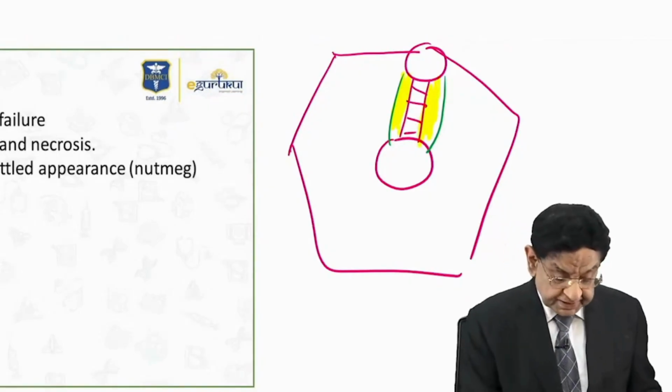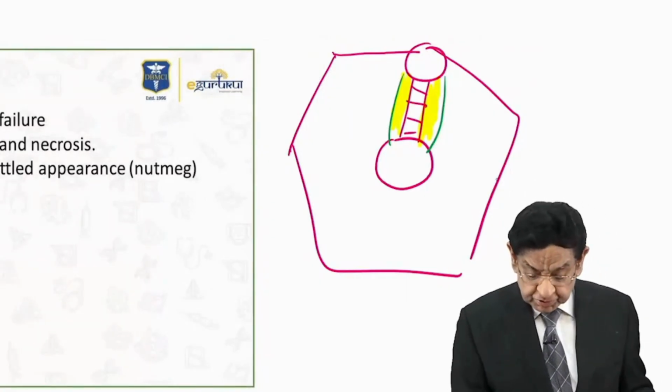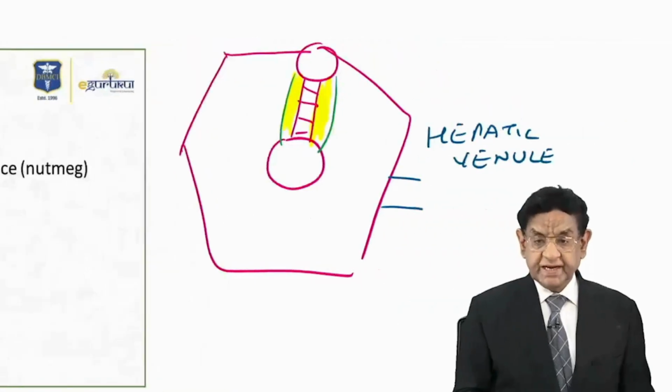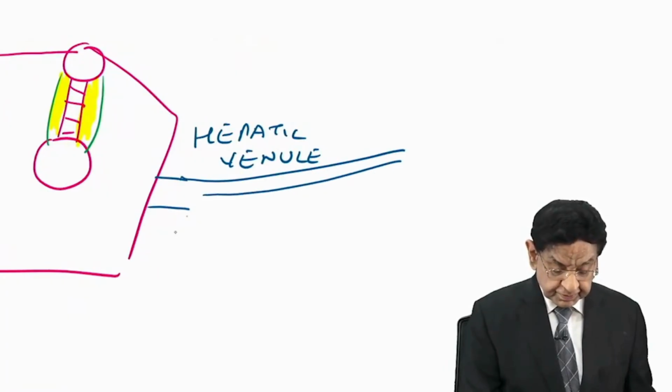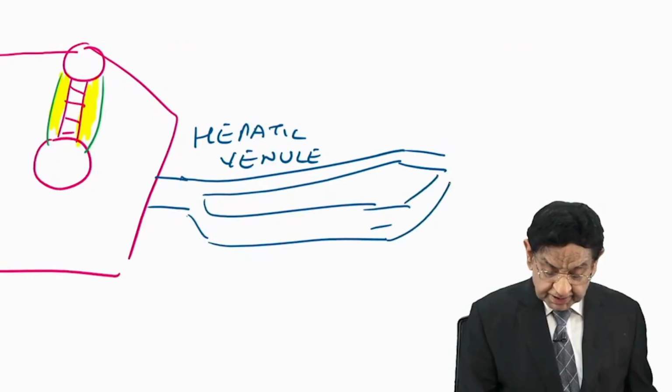Ultimately these central veins drain into small hepatic venules, which finally drain into the hepatic vein. They all come and join and make the hepatic vein.